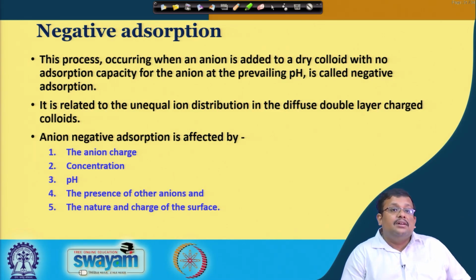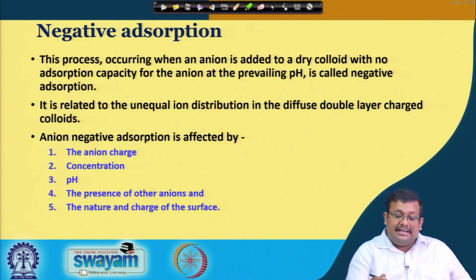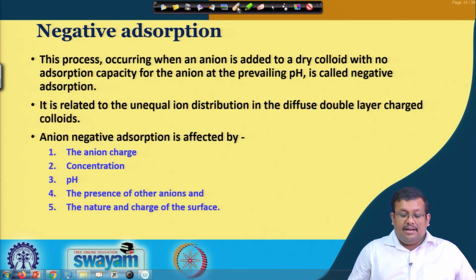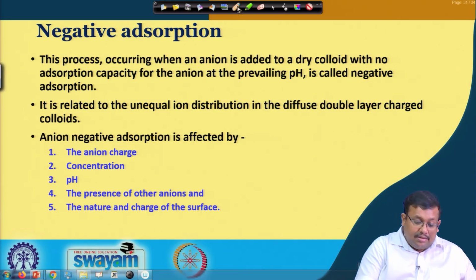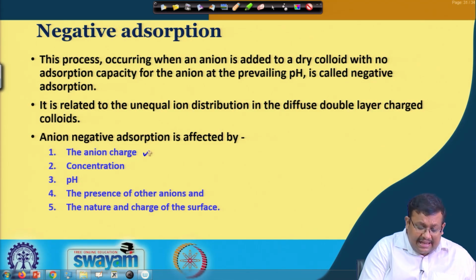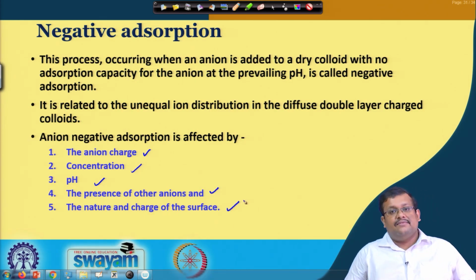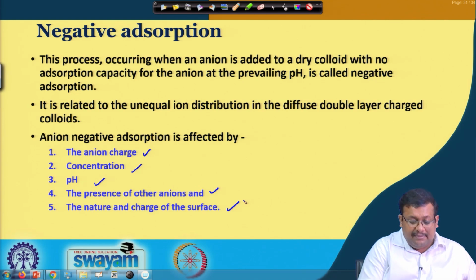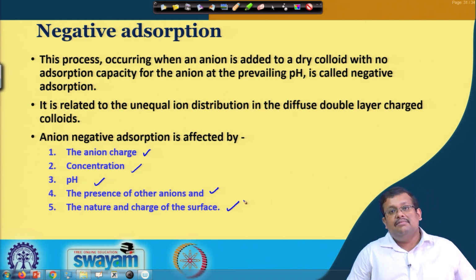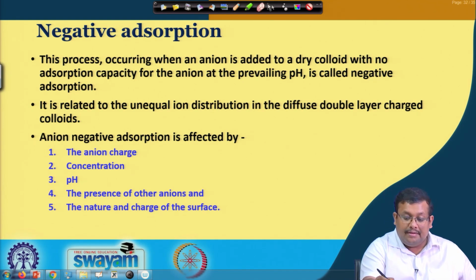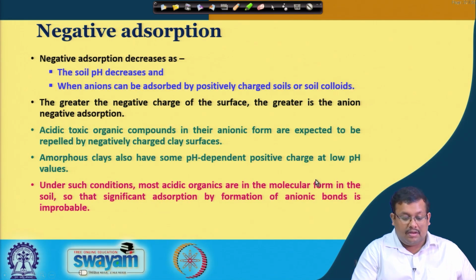Anion negative adsorption is affected by certain factors: the anion charge, the concentration, the pH, the presence of other anions, and the nature and charge of the surface. These are the major things which impact anion negative adsorption.